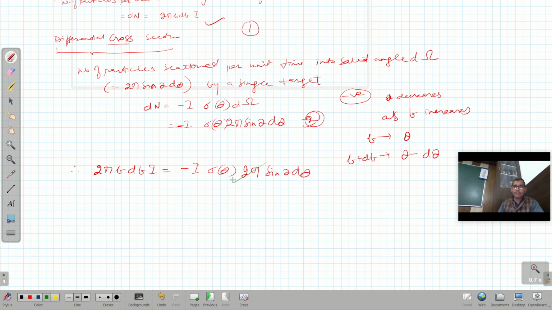The 2 pi cancels with 2 pi, and I cancels with I. So from here I can write sigma theta is equal to minus b over sine theta, db over d theta.